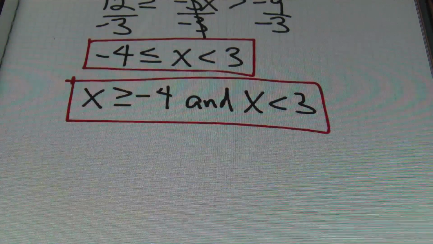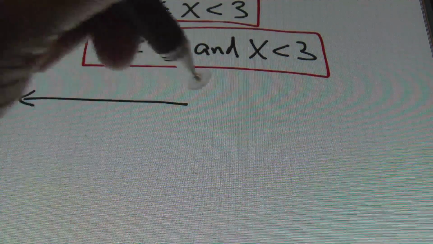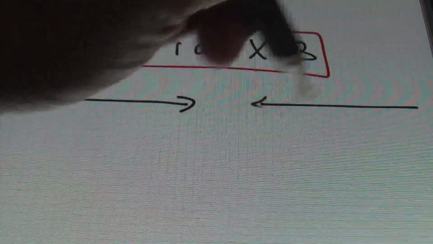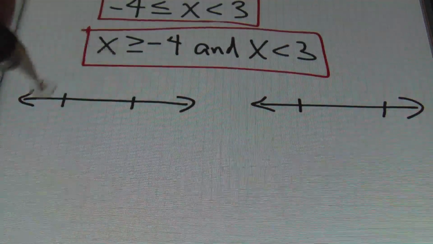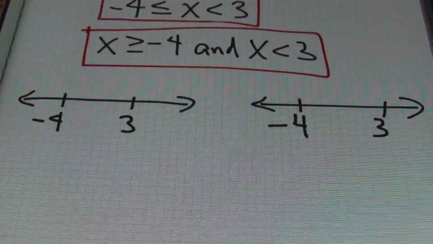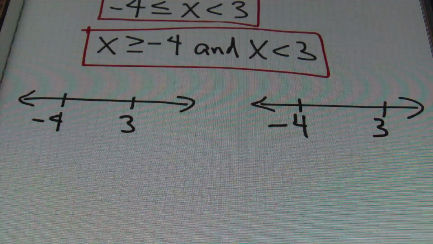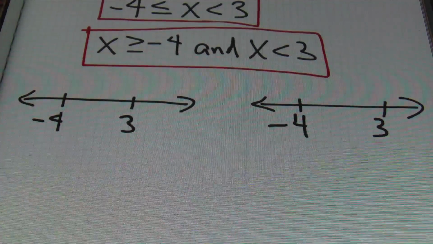Now let's look at the line graph, shall we? On these line graphs, I'm going to write them side by side. So I'll need -4 and 3 here, and make sure that when you're doing your number lines, you're always writing your numbers in ascending order from the lowest to greatest, even your ticks. Make sure that they're in ascending order to make them correct.